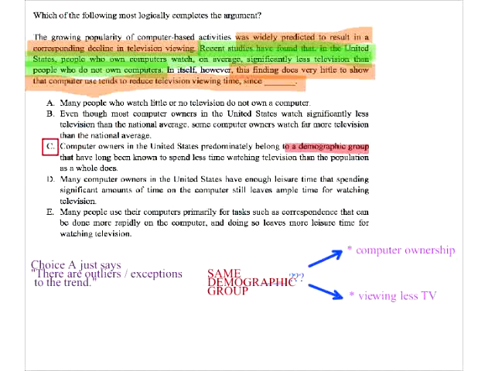Okay, this does not have anything to do with the trend. This does not address anything because the existence of the trend is a fact.